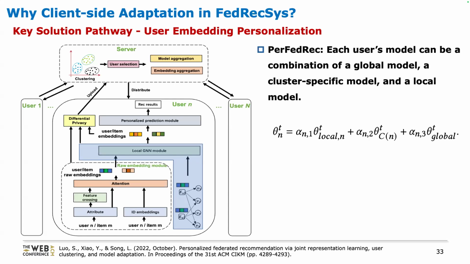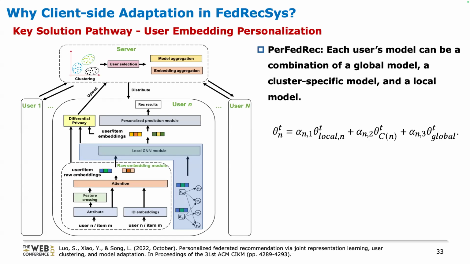Such an approach shows how user embedding personalization can be augmented with collaboration. Specifically, users with similar profiles effectively inform each other's embeddings to tackle data sparsity, always in the federated setting.